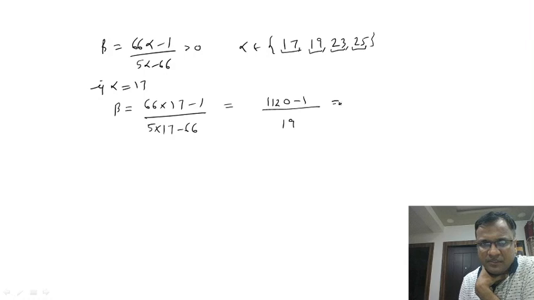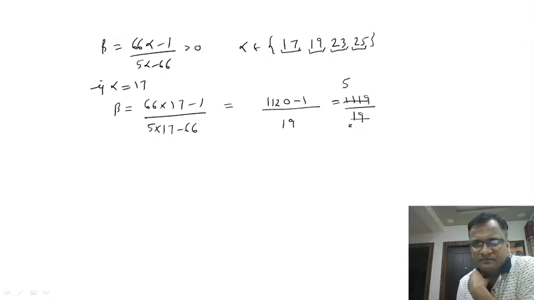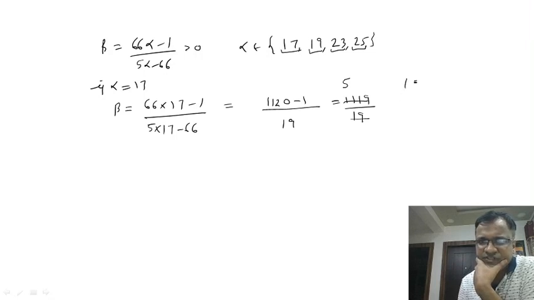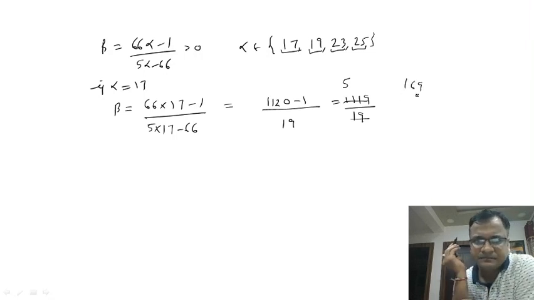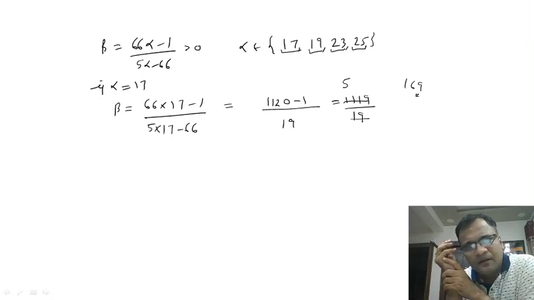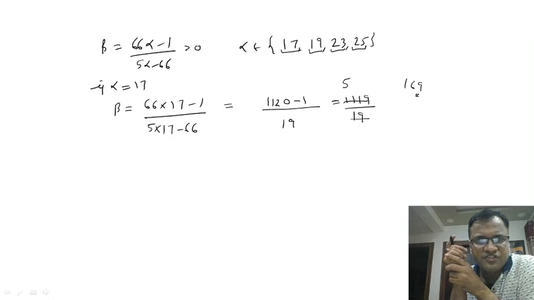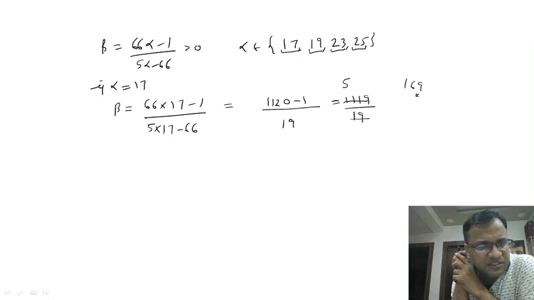So beta is 1119 over 19. 19 times 5 is 95, and 66 into 17 is what? 17 times 6 is 102.